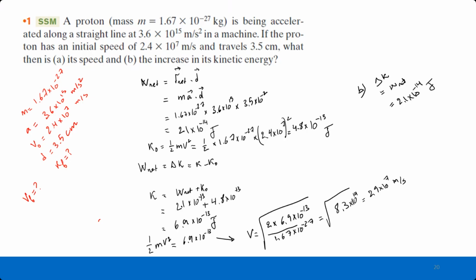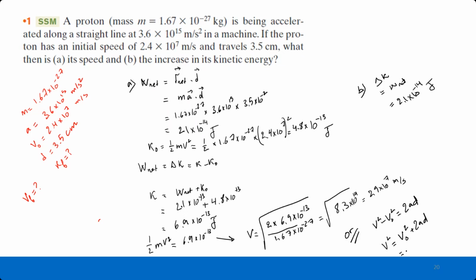Now, there's one nice thing I want to notice in this problem before we move on. This problem could have been solved simply using kinematics, which we took in chapter 4. So here I could have said simply v squared minus v0 squared equals 2ad. And then v squared is just v0 squared plus 2ad.